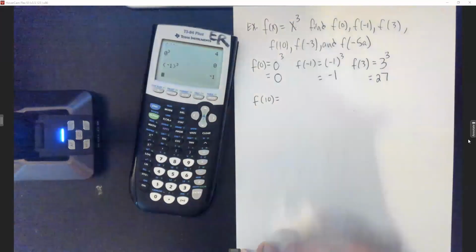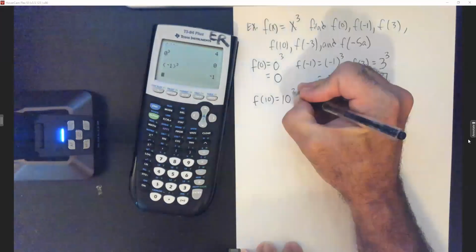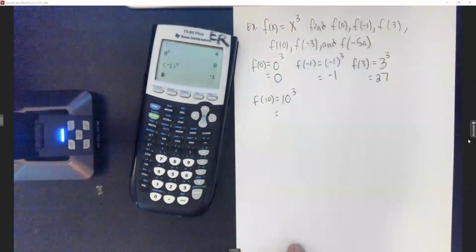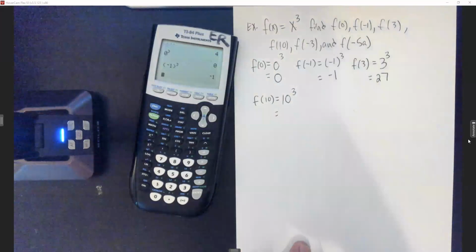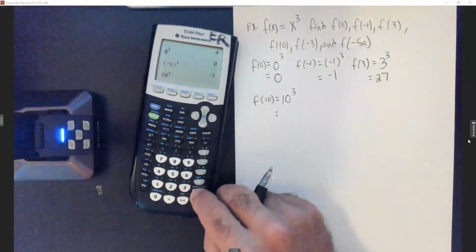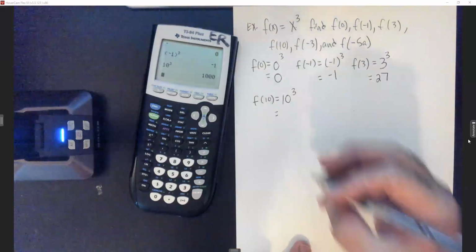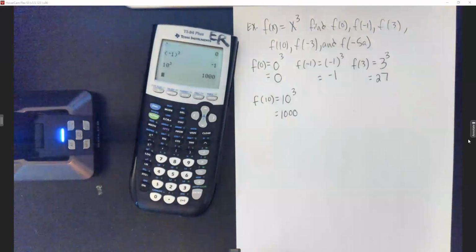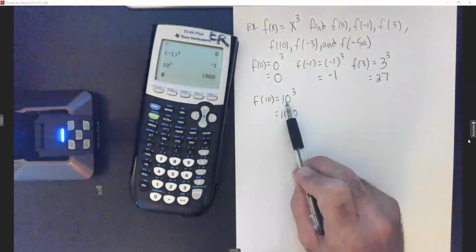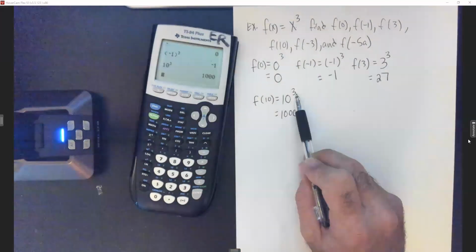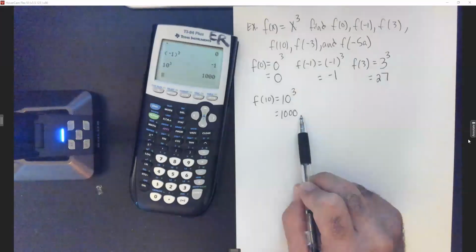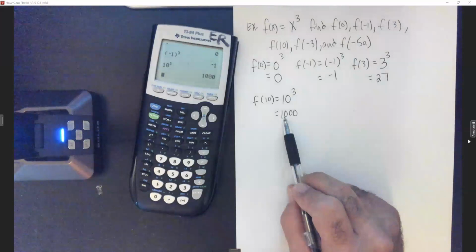I'm going to put a 10 in for my variable and raise it to the 3rd power. These exponents will make things grow really quick because 10 to the 3rd power is 10 times 10 times 10, and that shoots us up to 1,000. Basically, when you have 10 raised to an exponent like this, it's just 1 followed by that many zeros. So my answer was 1 followed by 3 zeros, okay?